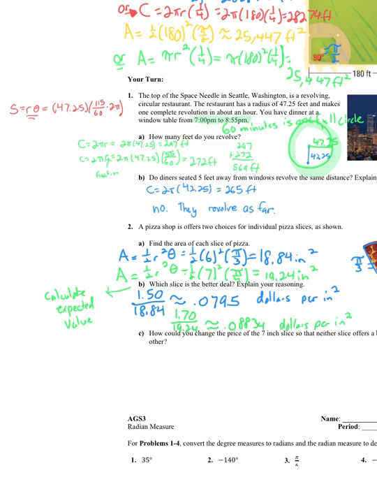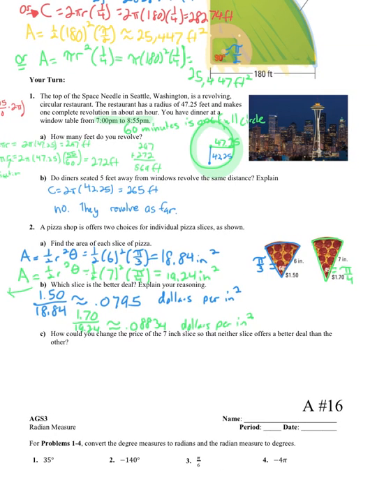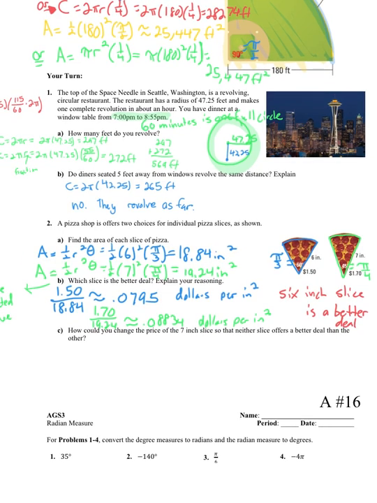It's about 9 cents per square inch when you round it up. So even though the first slice is smaller in area, it's actually a better deal. So the 6-inch slice is a better deal. Not by much. It's about a penny difference, so they're fairly competitive.